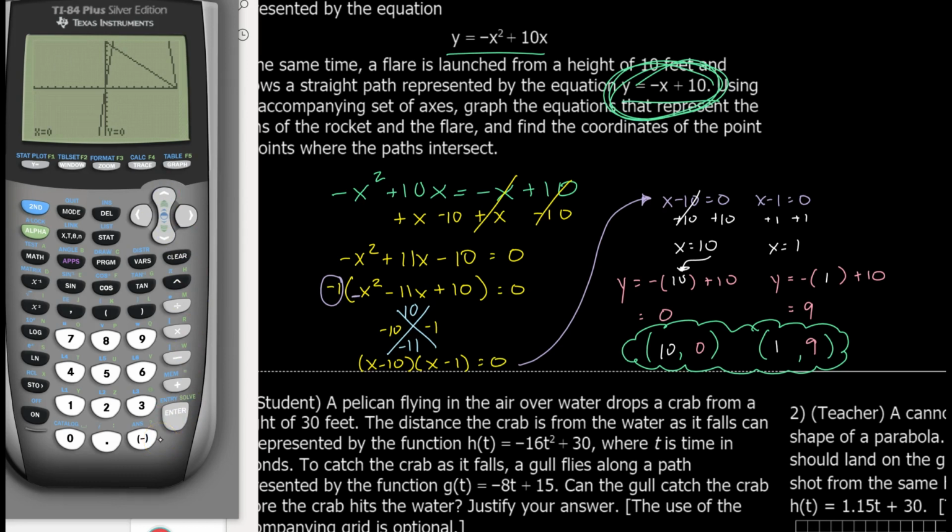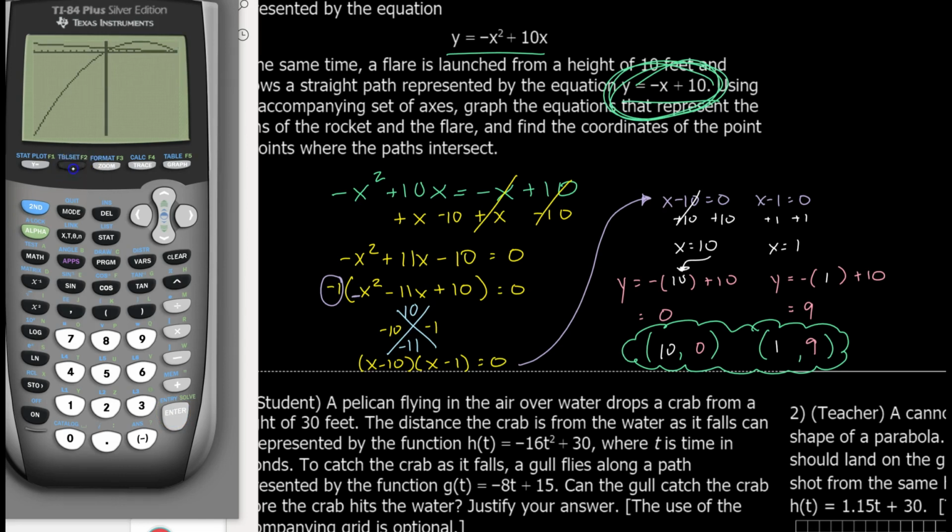I'll try zoom out. I don't normally use zoom out that often. It didn't help me. So I'm going to try zoom fit, which is 0. See if that helped me. Nope.